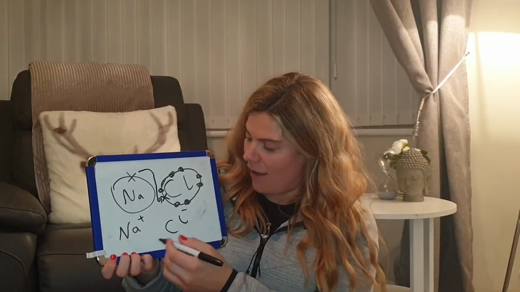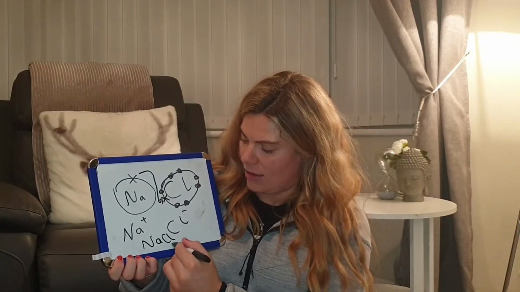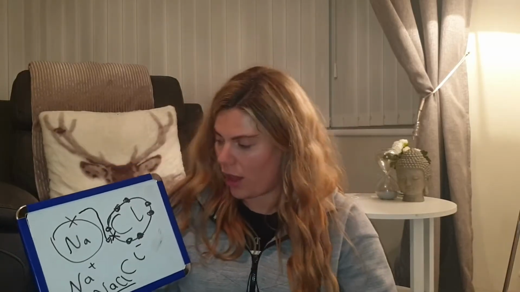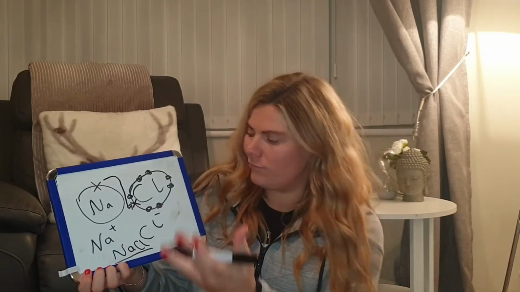And what are they going to do? Two opposites, they attract. So therefore, they will then become NaCl, sodium chloride. They will stick together. So there's the beginning of the drawing. It depends on the mark scheme as to whether you need to do another drawing, but I would say that would probably get you the mark really.